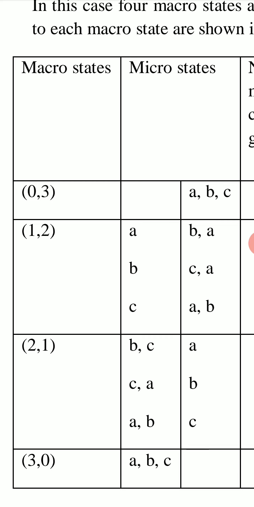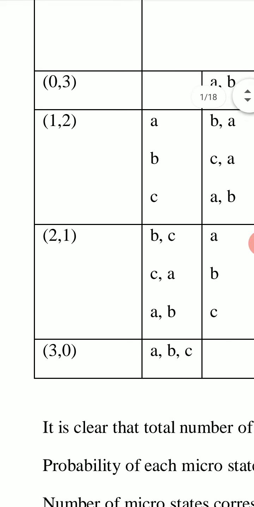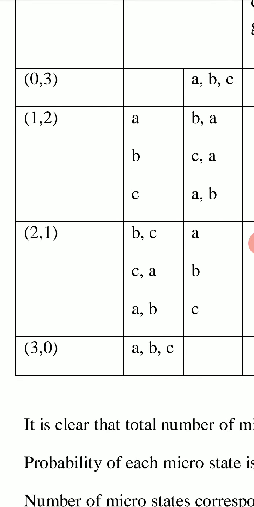Now we have these 3 ways by which we can distribute these 3 particles, such as in first box we have 1 particle and in second box we have 2 particles. These 3 microstates are A and BC, B and CA, C and AB. Similarly, for macrostate 2, 1 we also have 3 microstates.